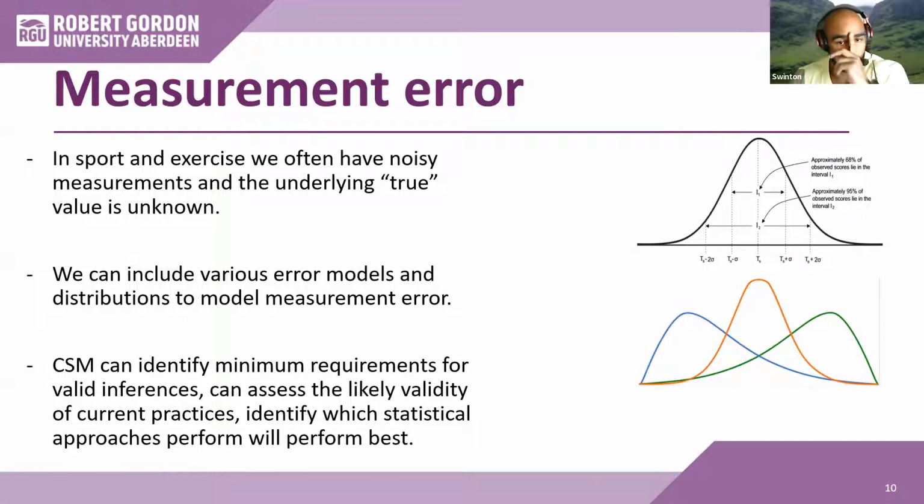Using various error models, we can use CSM to identify minimum requirements such as sample size, or the number of observations. So perhaps we're moving away from a pre-post, and we have an opportunity to collect data on a weekly basis.